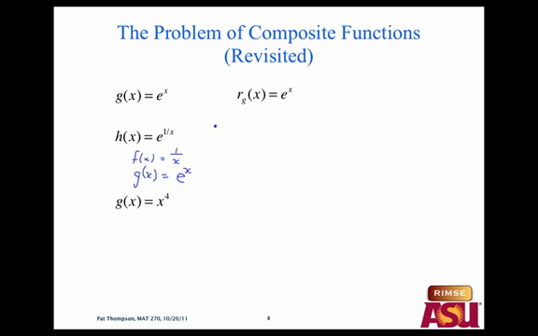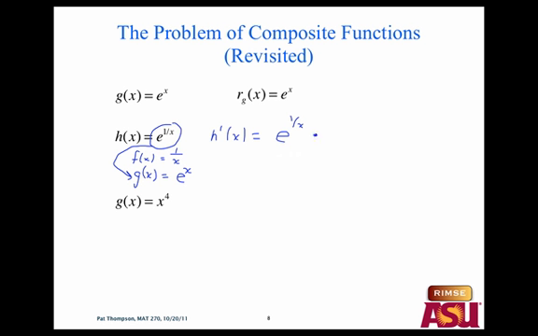So when we do the rate of change of this composite function, what's it going to be? It's going to be the rate of change of the exterior function, leaving the interior function plugged in. The big picture of this is the g function, and we evaluate its rate of change leaving the interior function as it is. The rate of change of e to the something is e to the something.